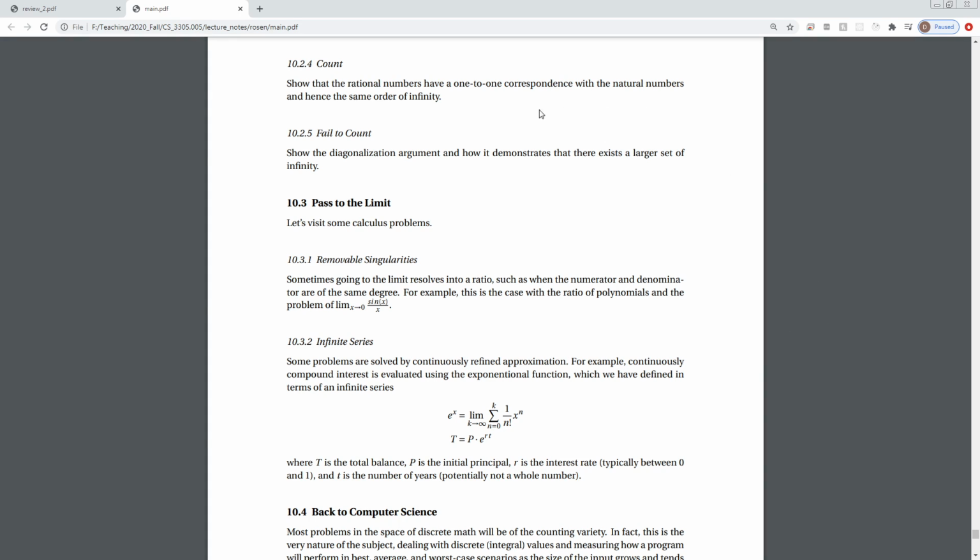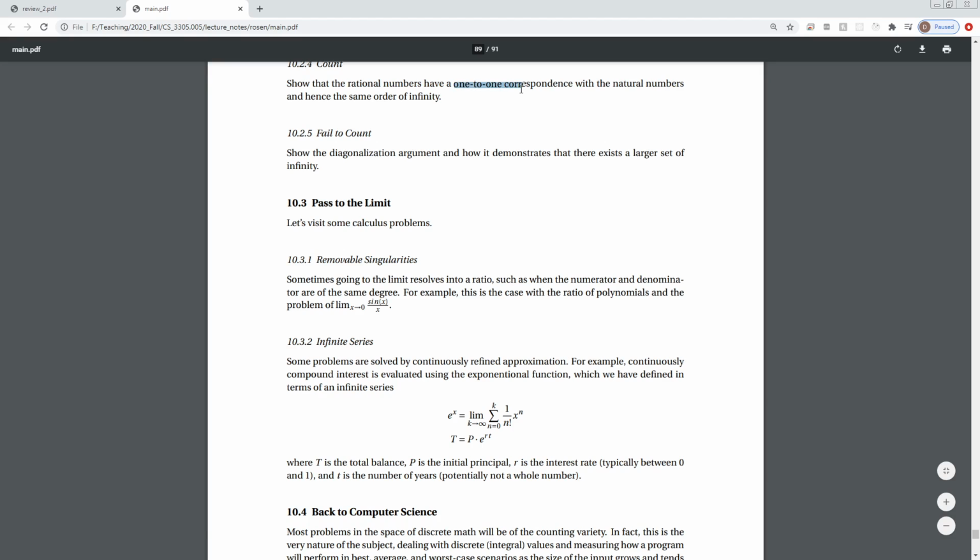Okay, so another problem that we could consider, or another approach to some problems, is counting. And one of the subjects within this course is advanced counting. But you can demonstrate certain properties just by creating a one-to-one correspondence.